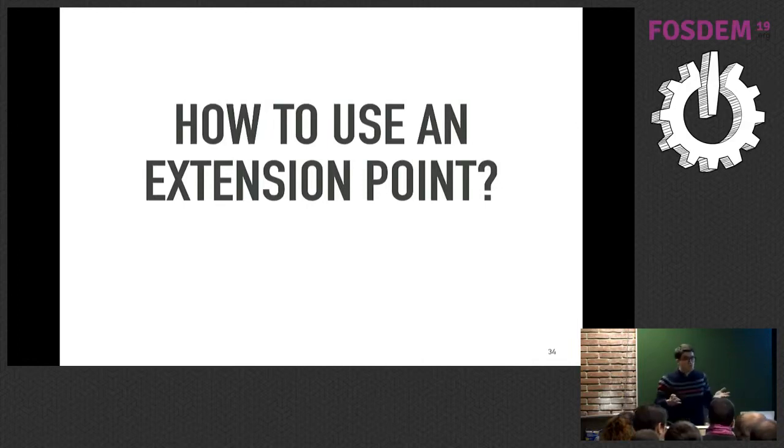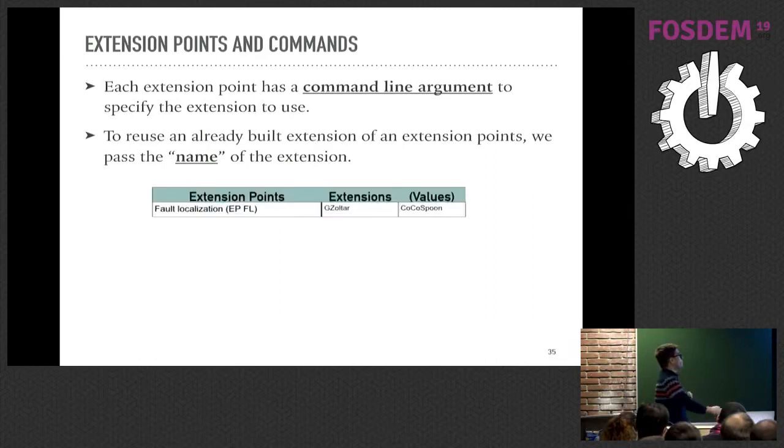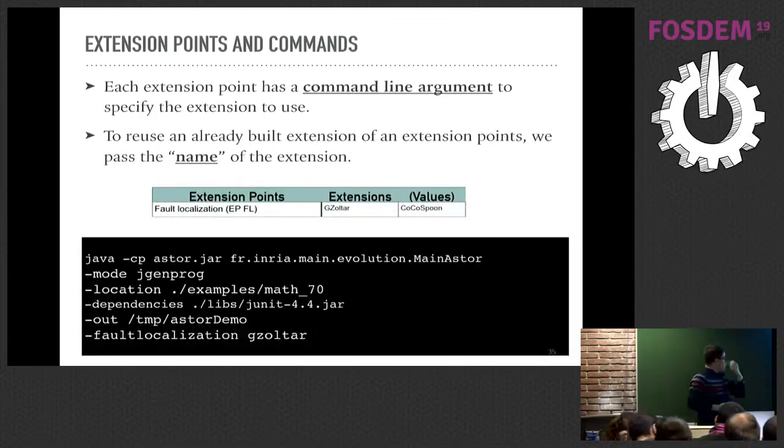So, how do we use the extension points? It's quite easy. Imagine that we have this extension point for localization. Localization puts the suspiciousness probability on each modification point, in each statement of the program. So we have an argument for localization, and here we put the value. We have 2 approaches for localization.